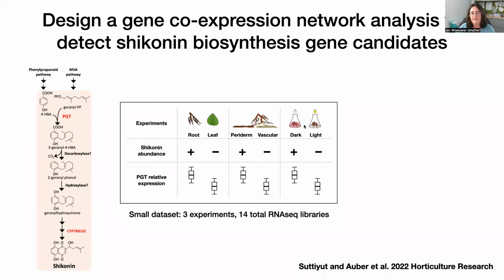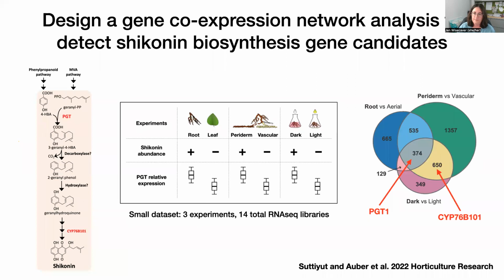And there are hairy root tissue cultures grown in the dark where we have Shikonin versus in the light where Shikonin is not produced. You can perform a traditional differential gene expression analysis with these data and look at the intersection of all these experiments.